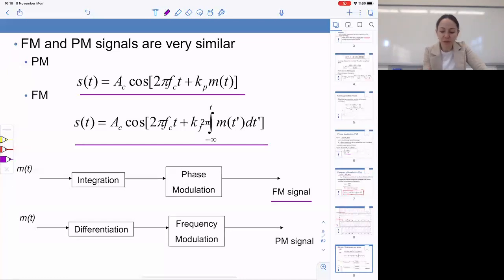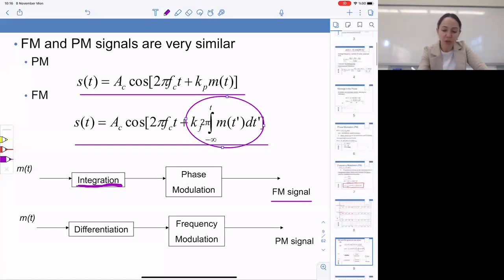To generate an FM signal, we are first integrating the input signal, the message signal. And then, if you notice, we take the integrated message and put it into the phase, just like such a term.